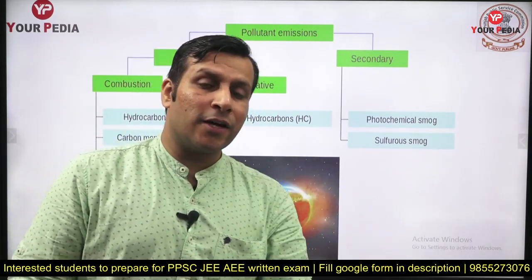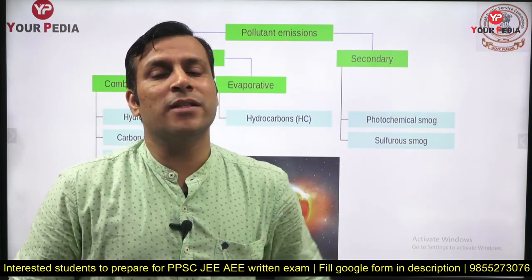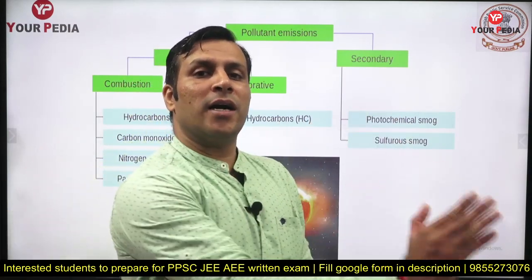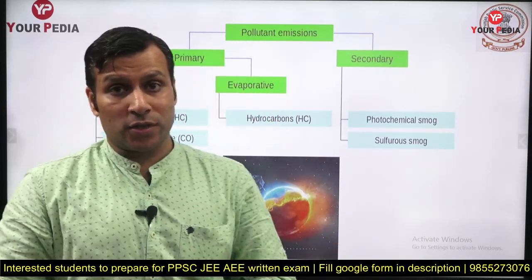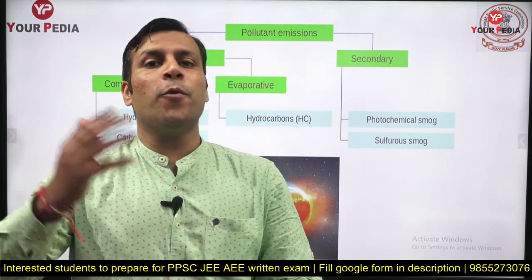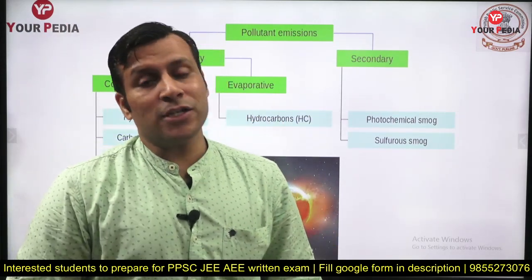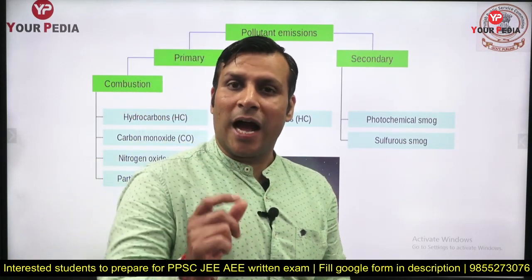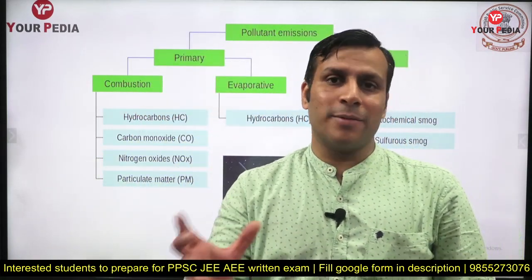If petrol is in the fuel tank or in the pipeline through which it is transferred from the tank to the carburetor or main engine part, some evaporative loss takes place, and that is known as evaporative pollutant emission. That also causes pollution, guys, because hydrocarbon entering the air causes a detrimental effect.